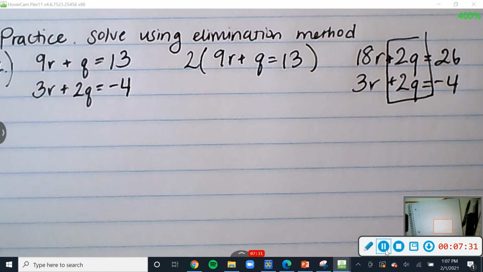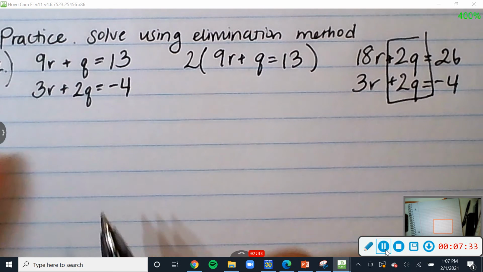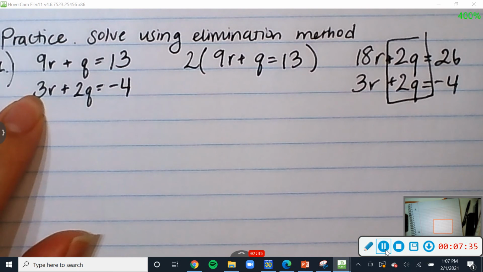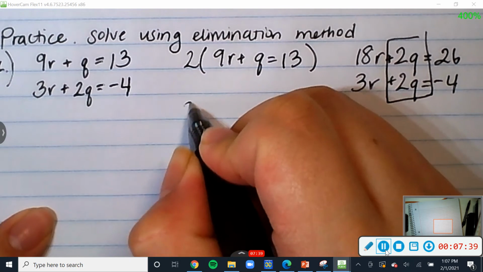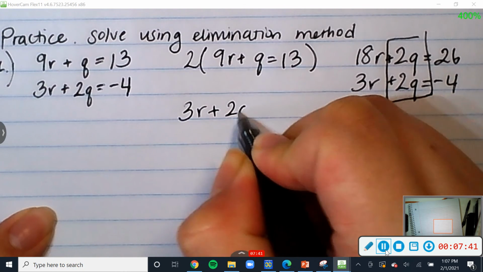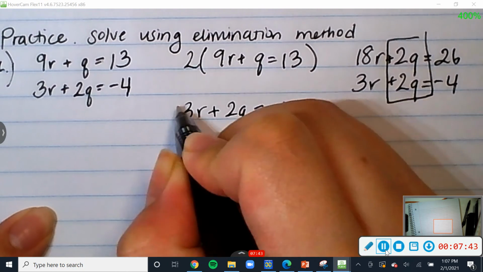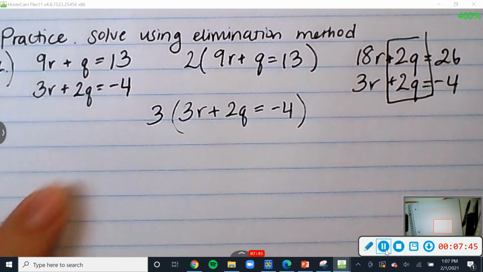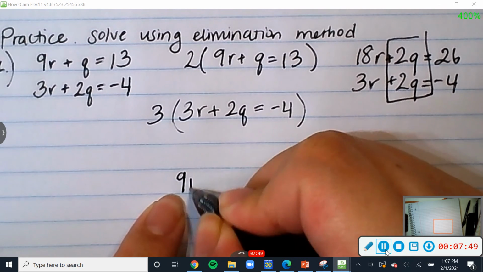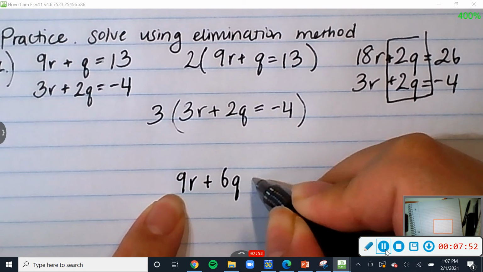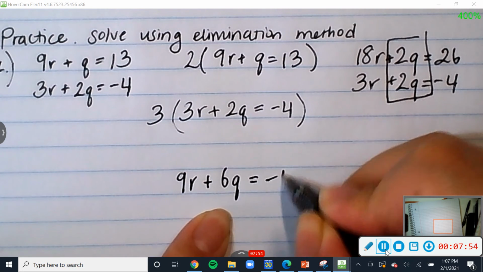Another way that you could get your equations to match is to multiply the bottom equation. If you multiply the bottom equation, this second one right here, times 3, you would also get something that matches. If you distribute this, you will have 9r plus 6q equals -12.